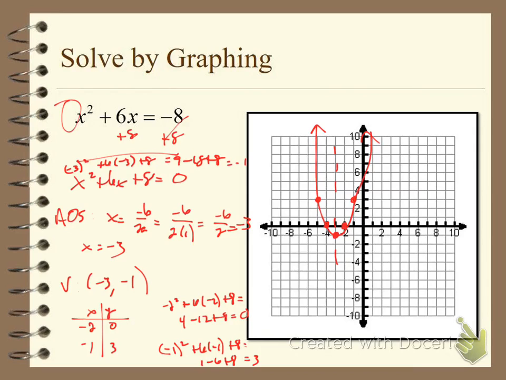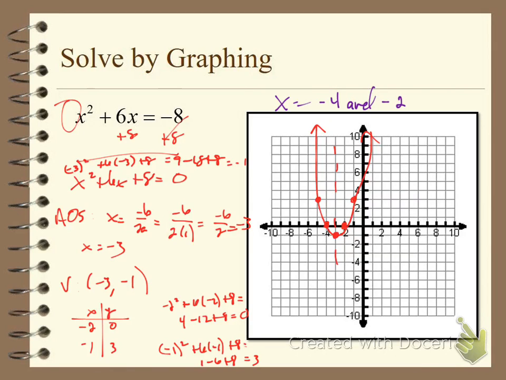And this becomes your graph. So the solutions are, again, where the graph crosses the x-axis. So that means our solutions are negative 4, negative 2. Okay?